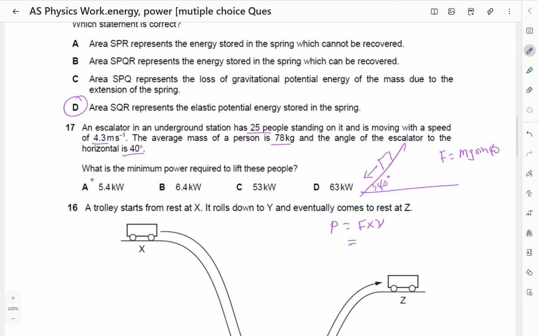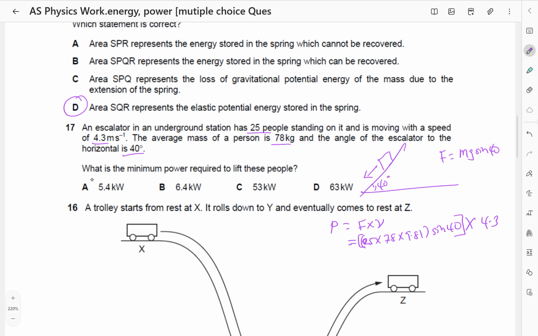So this is going to be mg. We have 25 people, so 25 times each person's 78 kilograms, times g, which is 9.81, then sine of 40. That is the force. Then I will multiply this by the velocity, which is 4.3.